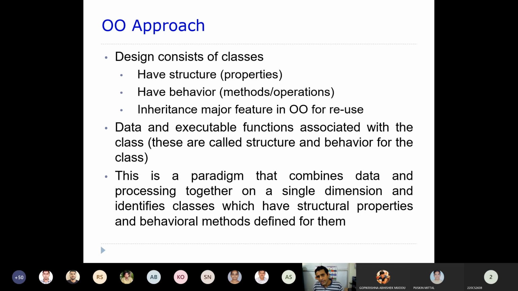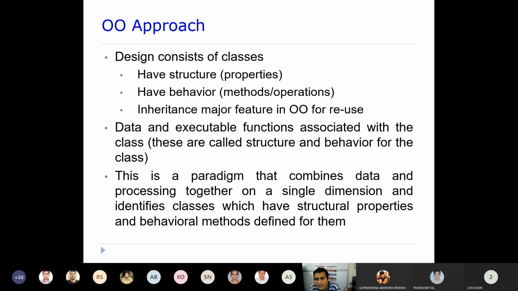But how will you design when you go through an object oriented approach, where you have a certain number of objects and each object is encapsulated with data as well as methods or properties? When you go through object oriented design, usually you will find a certain number of classes.